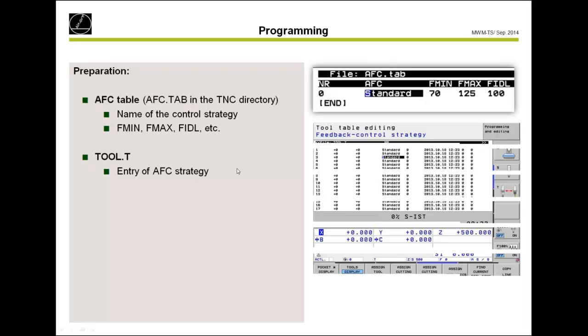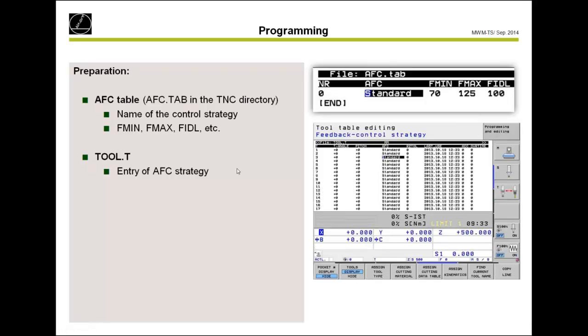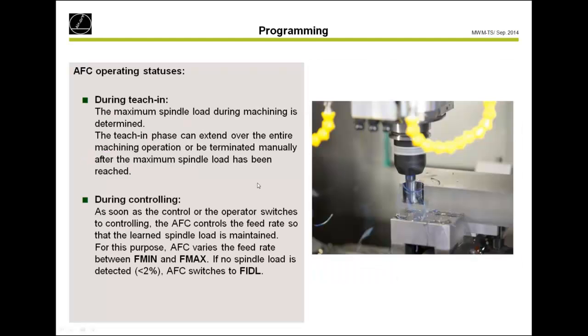The next step is then we need to combine our strategy with a tool. This we can do in the tool table. In the tool table we have the column AFC, and there we can tell the control which strategy it should use for this tool.